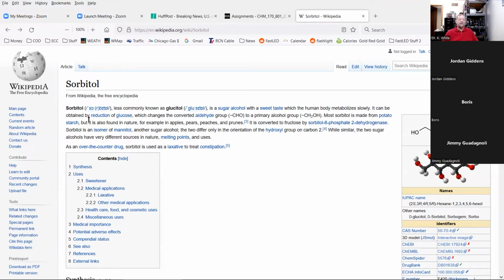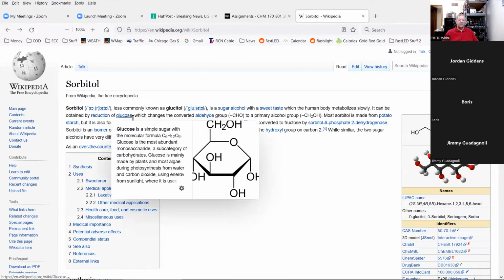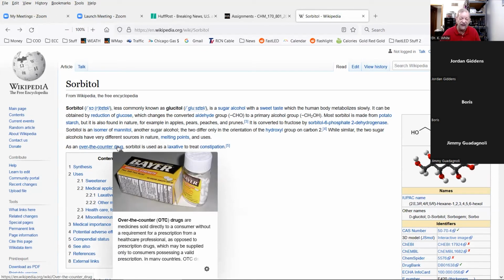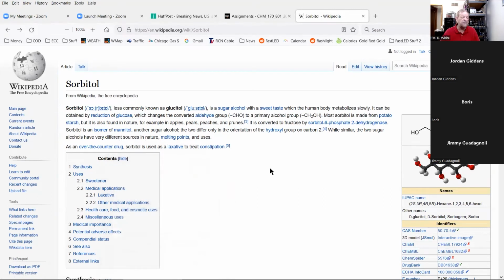And it's made by the reduction of glucose. What that means is you react it with hydrogen and a catalyst. This is found in a lot of the over-the-counter drugs or other remedies you can buy, to make them sweeter but at the same time not give them calories. They put this in there. Also, it's in natural foods like apples, pears, peaches, and prunes.